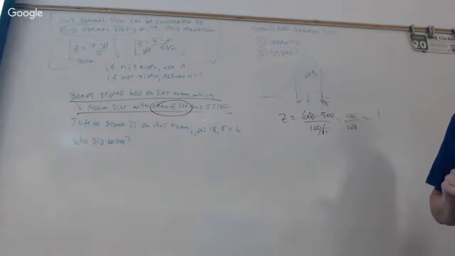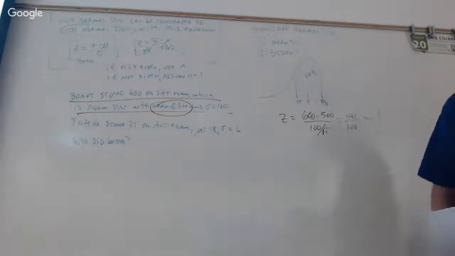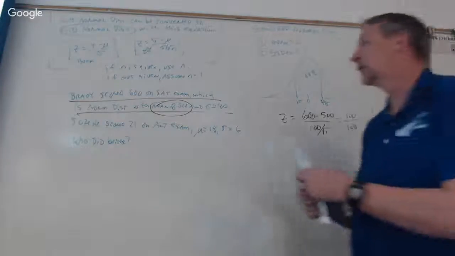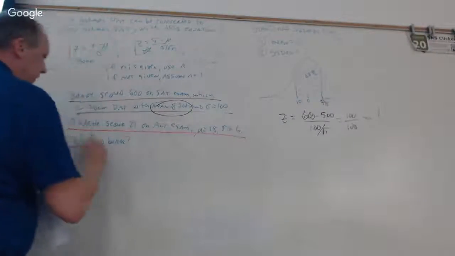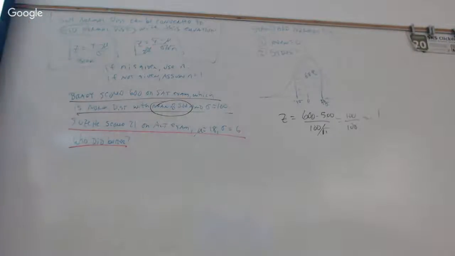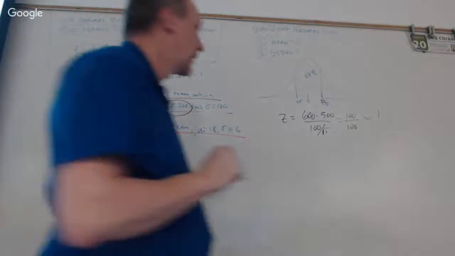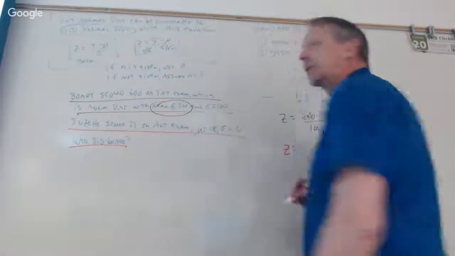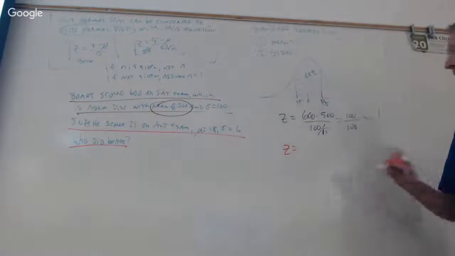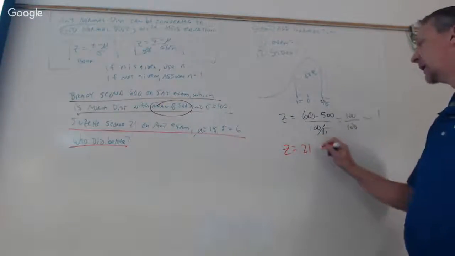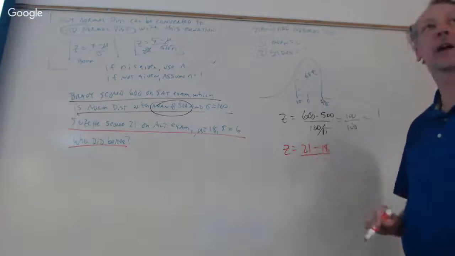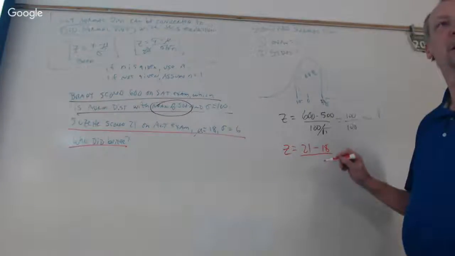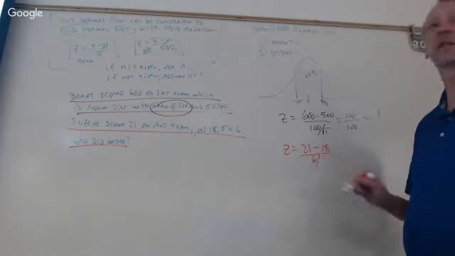All right, Suzette, can you help me? If I pick another color like red, can you help me figure out how you did relative to the standard score? So Z equals 21 minus 18 divided by 6, and how many Suzettes are there?